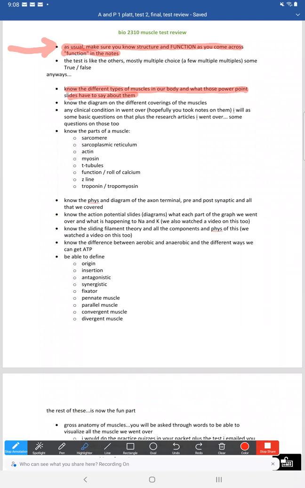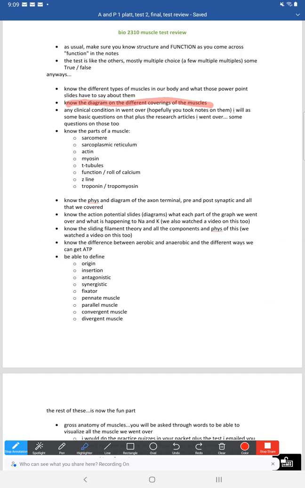Know the diagram on the different coverings of the muscle. In the notes, there's a cross section of a muscle, and it has the epimysium, which is the outermost.